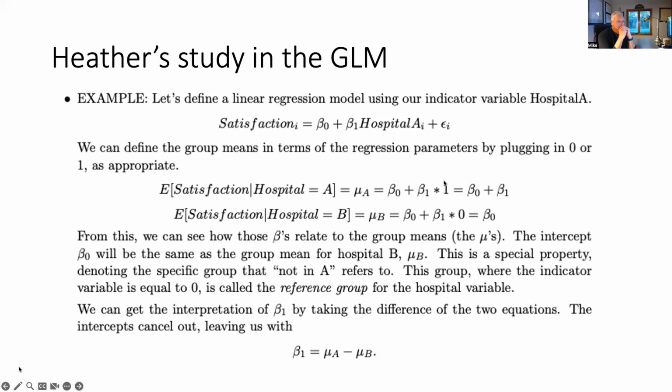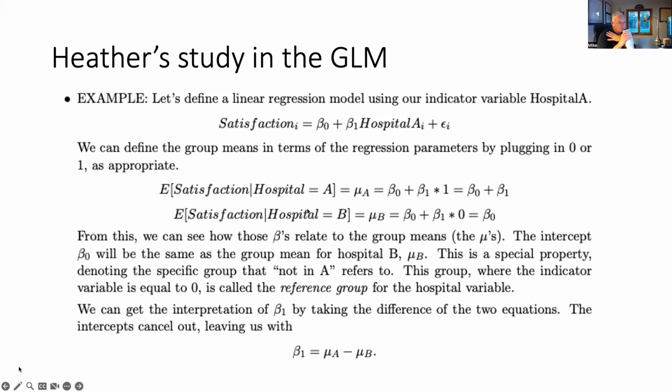So we insert the 1, we multiply it by beta 1, and we have, because the expected value of these constants are just the constants. So that means if we take the expected value of patient satisfaction for just those in hospital A, it amounts to putting a 1 into the equation, and out pops beta 0, the intercept, plus beta 1.